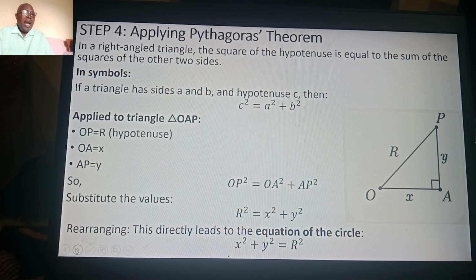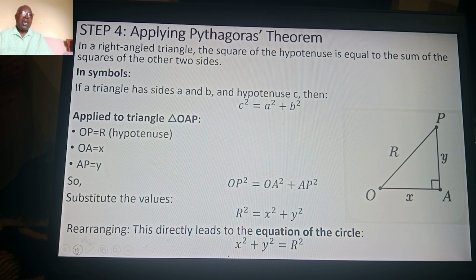In a right angle triangle, the square of the hypotenuse is equal to the sum of the squares of the other two sides. That is the Pythagoras theorem. In simple terms, if a triangle has sides a and b and hypotenuse c, then c squared is equal to a squared plus b squared.